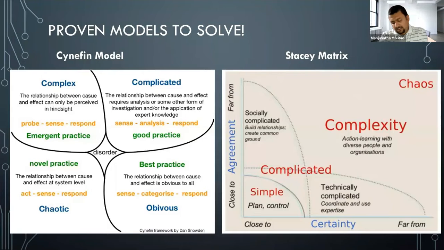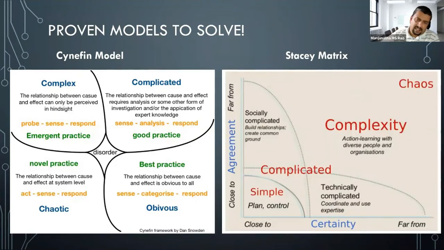So let's deep dive into the different models or proven frameworks available in the industry, and how some of these models can help us throw some light on how we solve problems. This Cynefin and Stacey matrix is popularly used in the agile context, by agile leaders, where we discussed that if the problem space is complicated or complex, you are good to apply some of these lean and agile concepts.